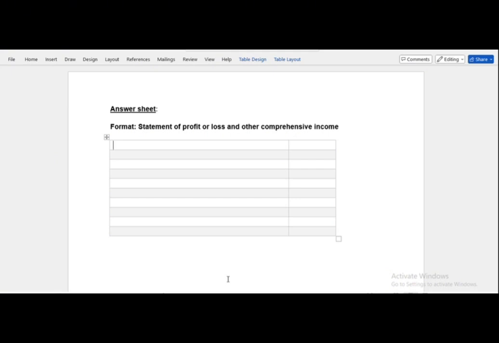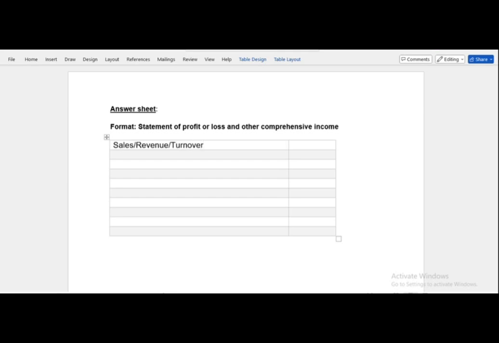So number one item there is sales, right? You have to say sales. And another term for sales is revenue, and another term for revenue or sales is turnover.